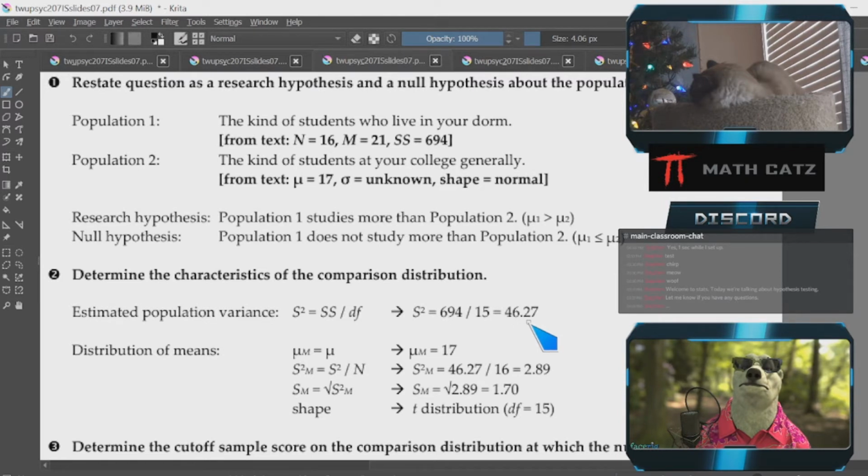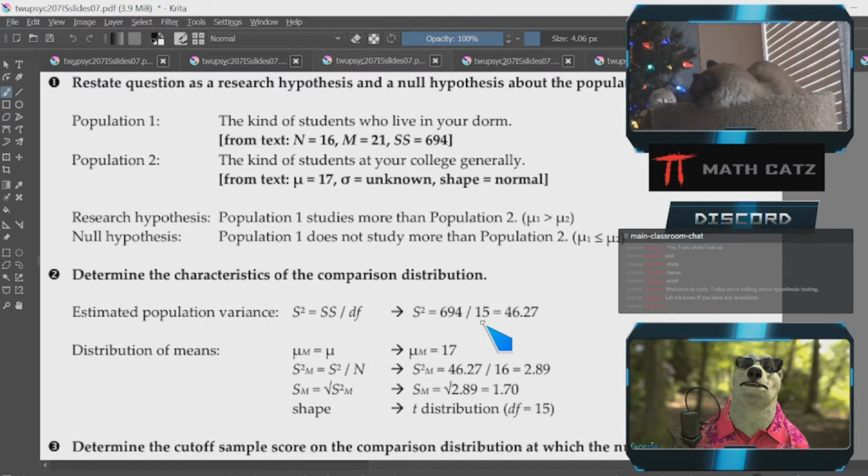That is the variance that I'm using in my comparison distribution, where the variance of the distribution of means is still the standard error using dividing by the sample size n. That doesn't change. Nothing here changes, only the estimated population variance.